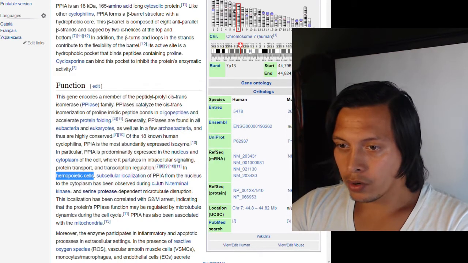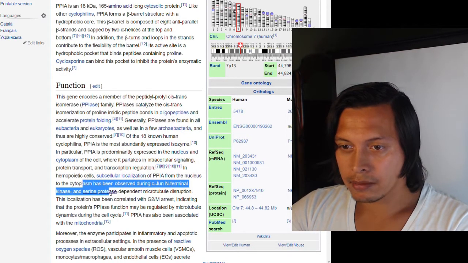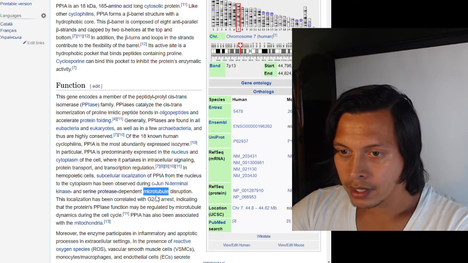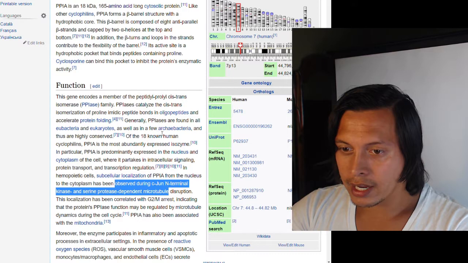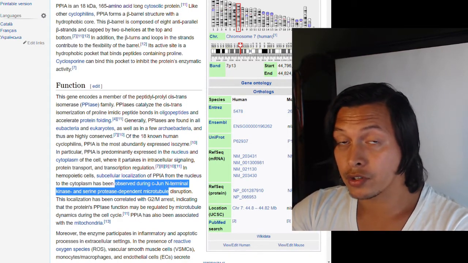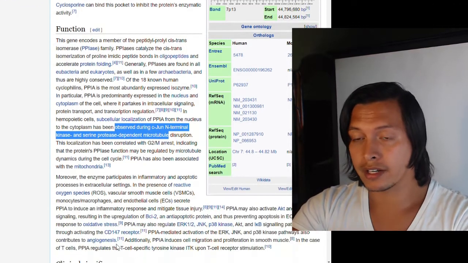Right. I'm trying to figure out what is the most important thing. Just note that they are co-localized in the nucleus, and they can help regulate a bunch of different things.